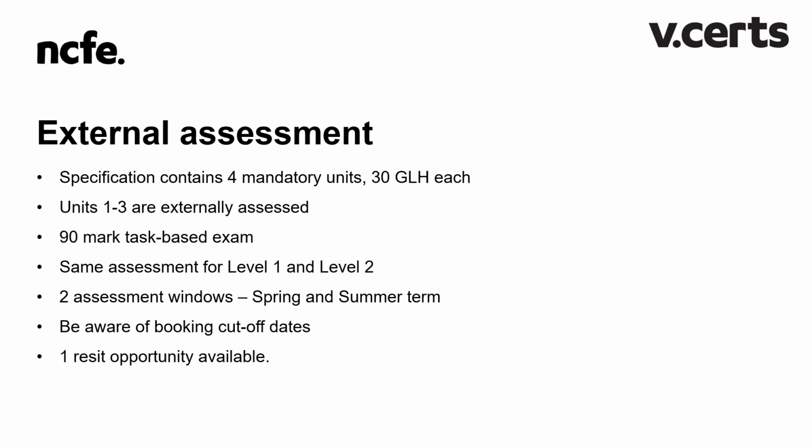So as always, do check the exam timetable on QualHub, as late registration fees can be incurred. There are 2 points in the year when the learners can sit their exams. These are usually near the start of a new year, so between mid-January and mid-March, and then in May or June time. There is one resit opportunity available, so it is best practice to plan this into your delivery.